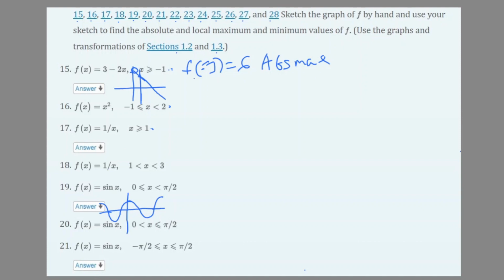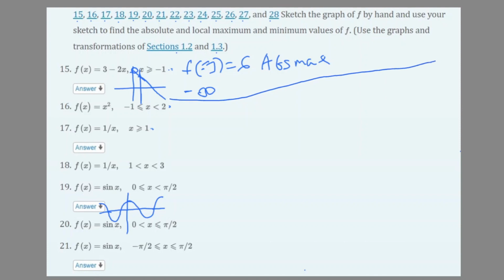And your absolute minimum, since the interval goes to infinity and the linear function goes down to negative infinity, you could say that the absolute minimum is going to be negative infinity, but since the interval is not exactly specified, you would have to conclude that.